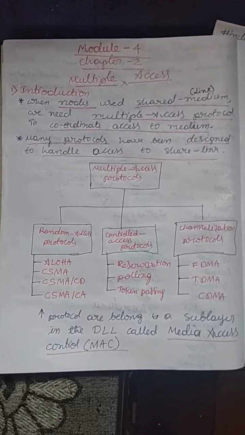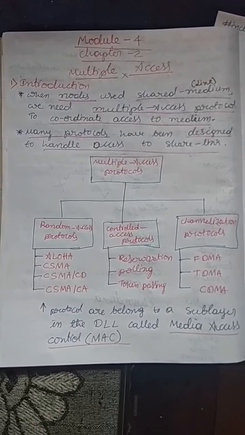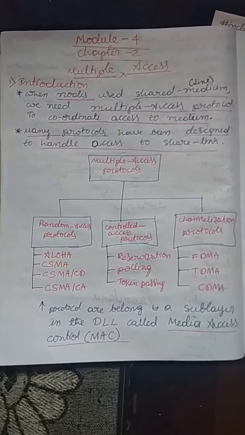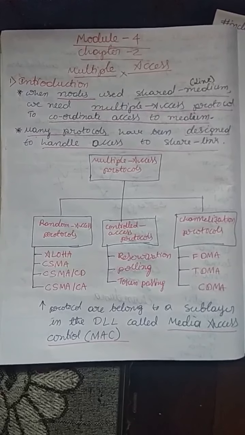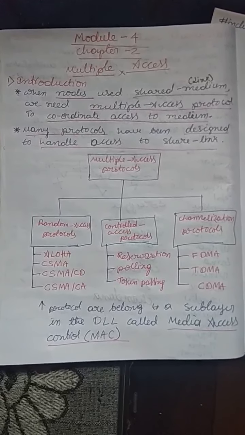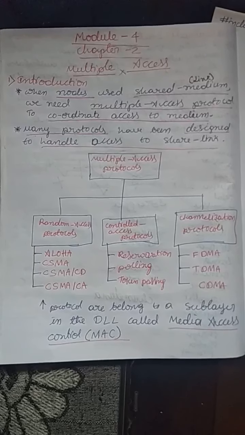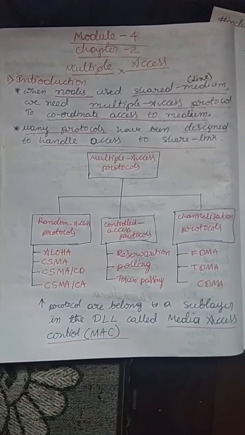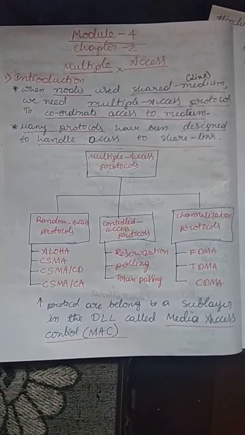You can see in this diagram, under multiple access protocol there are three types of protocol: random access protocol, controlled access protocol, channelization protocol.